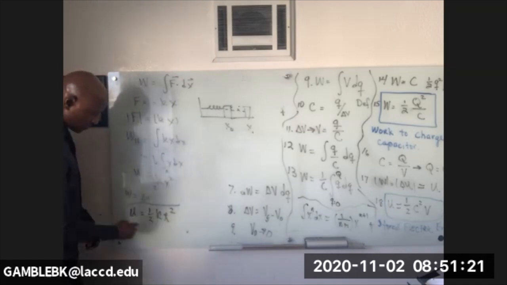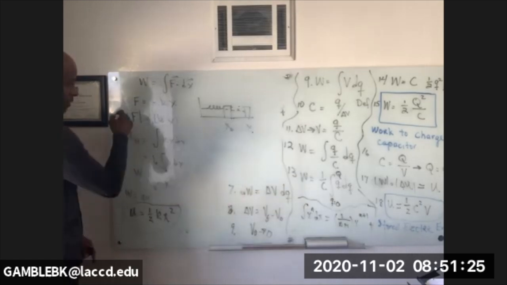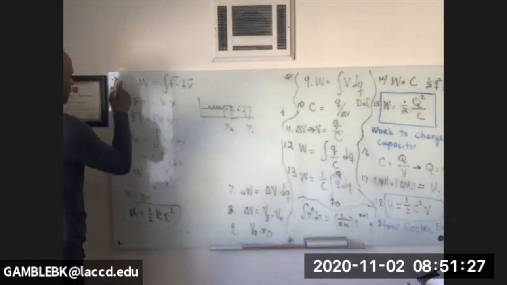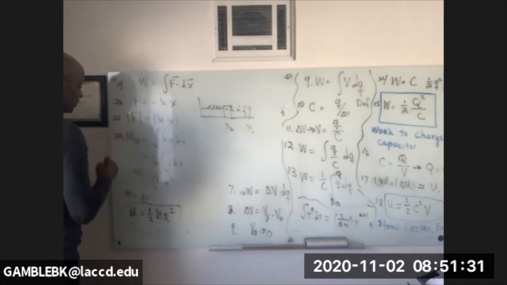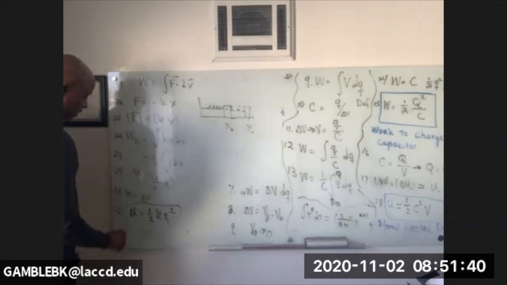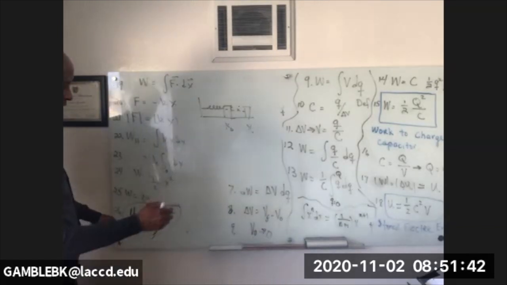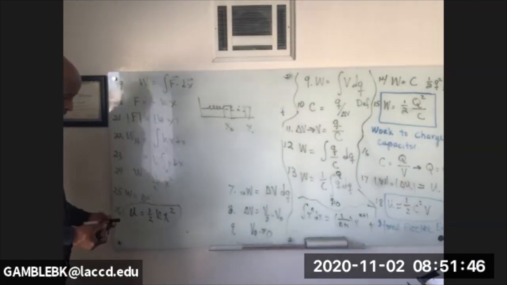Remember that formula? So if you can compare these two, let me give numbers here: 19, 20, 21, 22, 23, 24, 25, 26. If you compare 26 and 18, you see that there's some mathematical analogies.